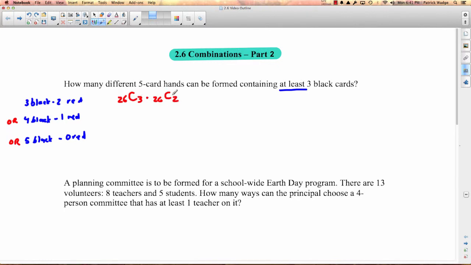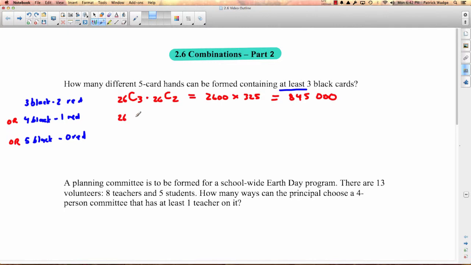So we have to do all that to figure out how many combinations there are of 3 black and 2 red. If you do that, 26 choose 3 is 2600, and 26 choose 2 is 325. And if you multiply those two together, you get 845,000 different combinations.